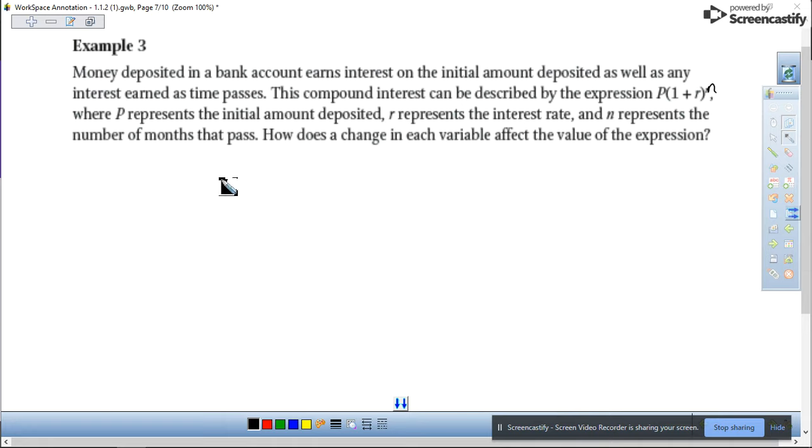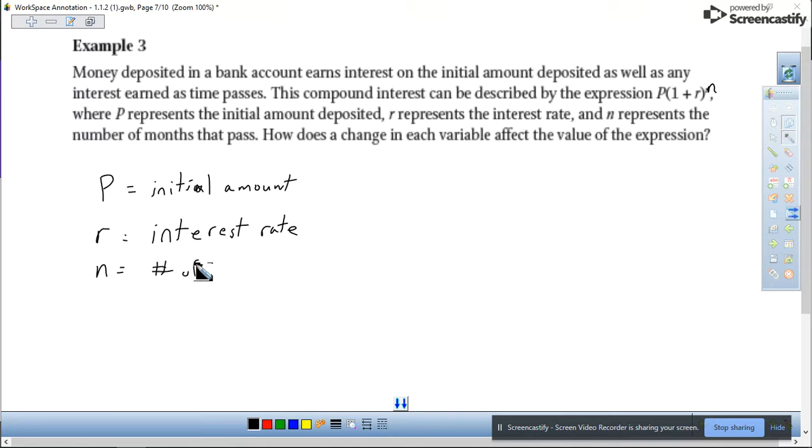So again, the expression: we have our principal, P, which is the initial amount. We have R, which is the interest rate. And then we have N, which is the number of months.